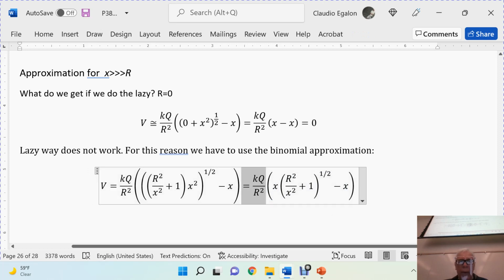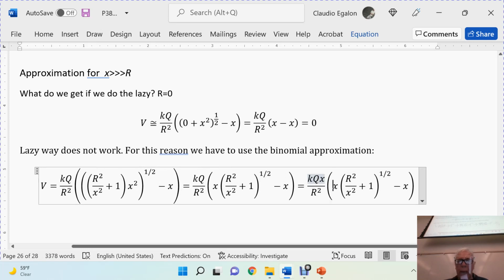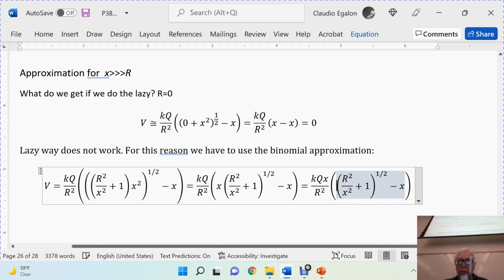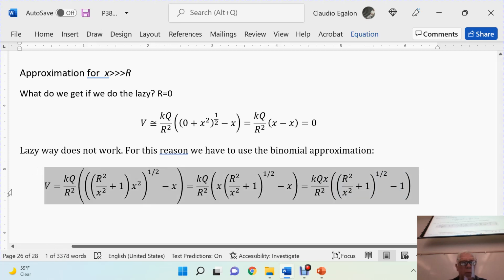Now we can also factor the x outside this other parenthesis. Here you go. What you have here is still an exact solution. Now we can go ahead and start our approximation.